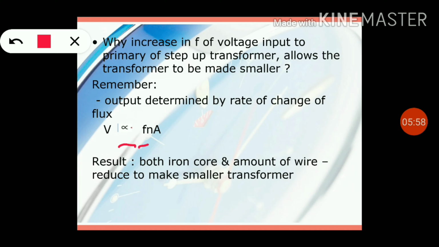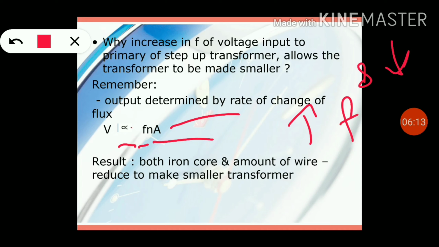F is the frequency, N is the number of windings, A is the cross-sectional area of the core. So we can maintain a constant output voltage by increasing the frequency and decreasing the number of turns and the cross-sectional area of the core.